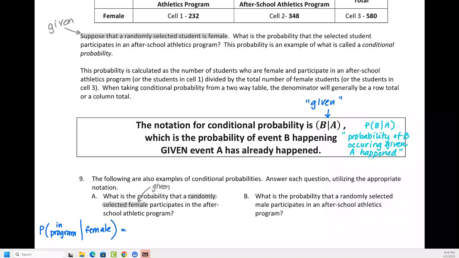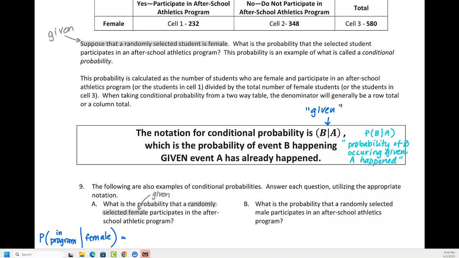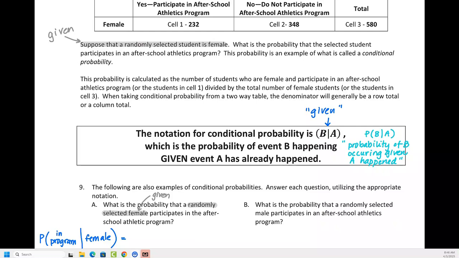How many of those females participate in an after-school program? Yeah, it's the 232 right here. So I'm going to bring that down here as the numerator. So 232 divided by, and then what is the total number of females, not students, but females? That's the 580 here. That's going to be your denominator.